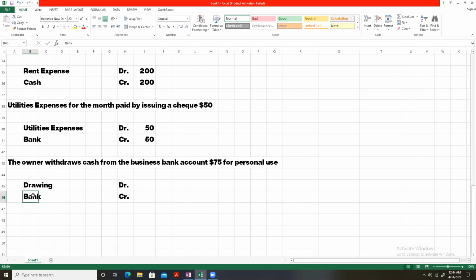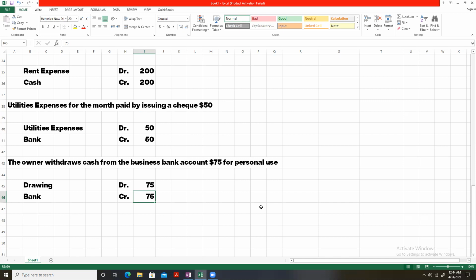So we will credit the business bank account, but on the opposite end, we will debit the drawing account, since here the owner is doing something opposite of investment.